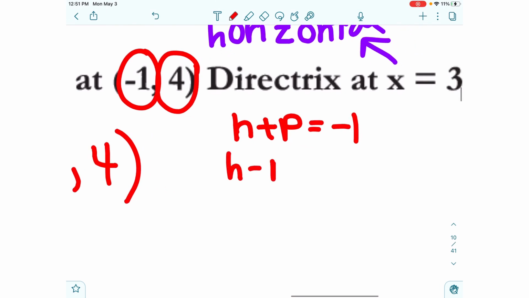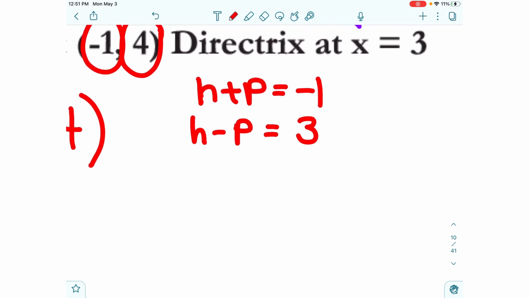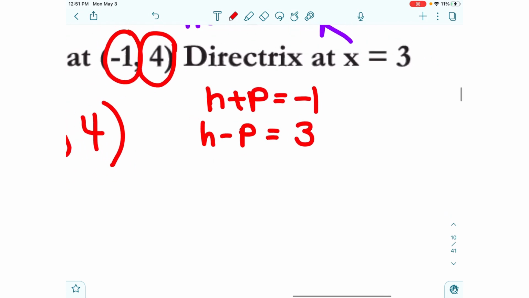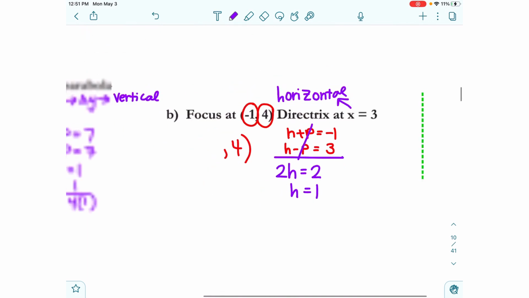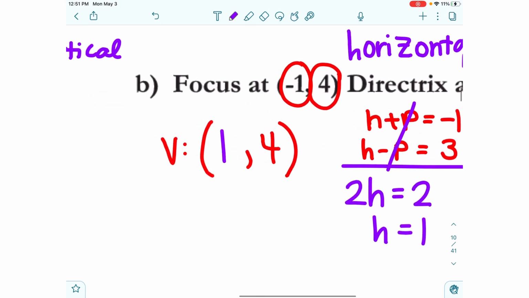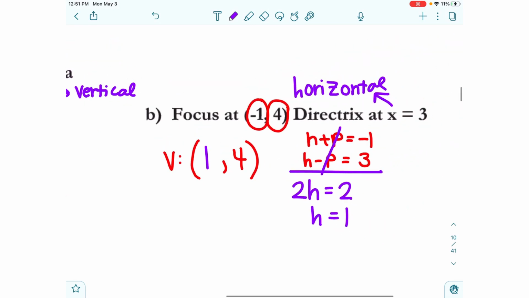And h minus p has to equal 3. That's the directrix. So if I make my little mini system, I get 2h equals 2. So the h is 1. That's the h value or the x value of my vertex.